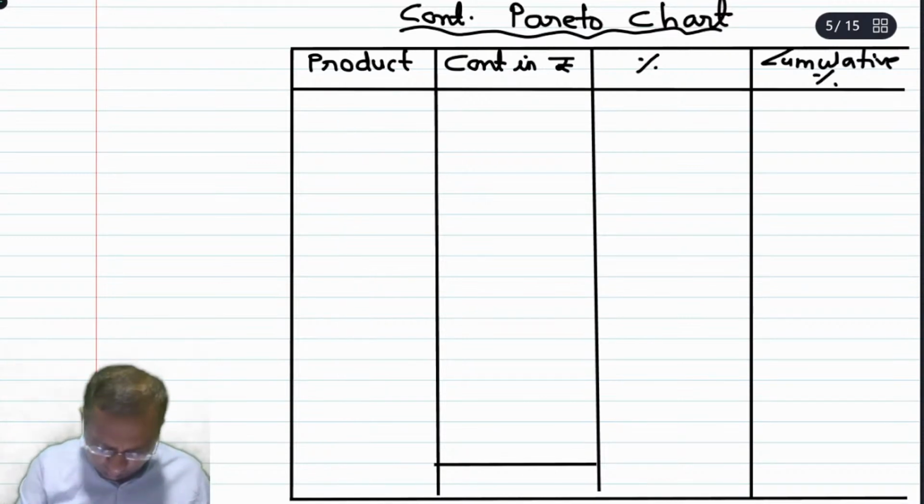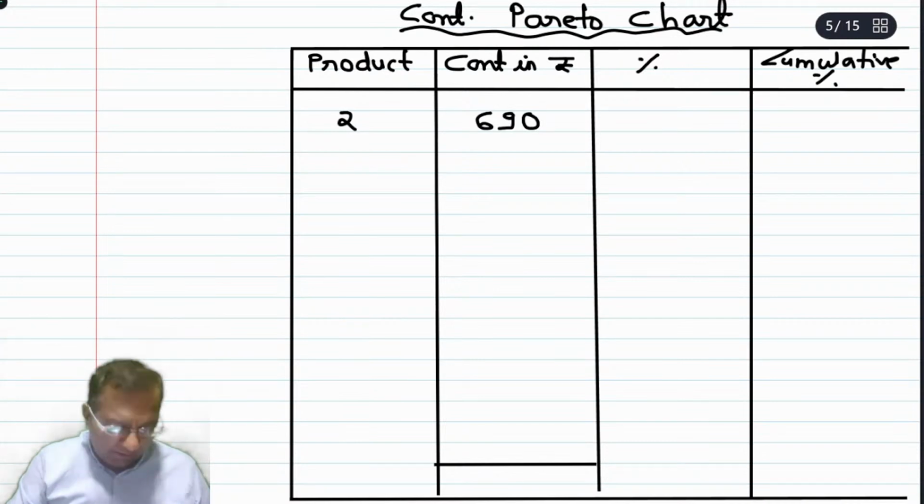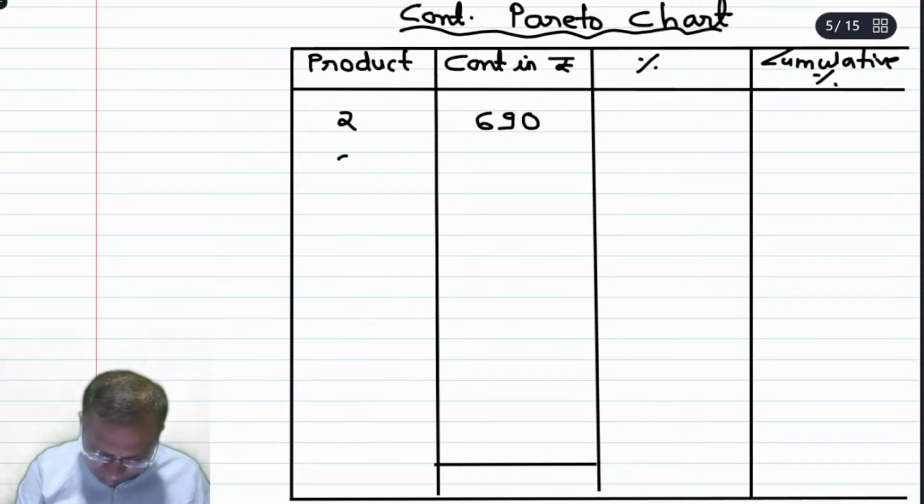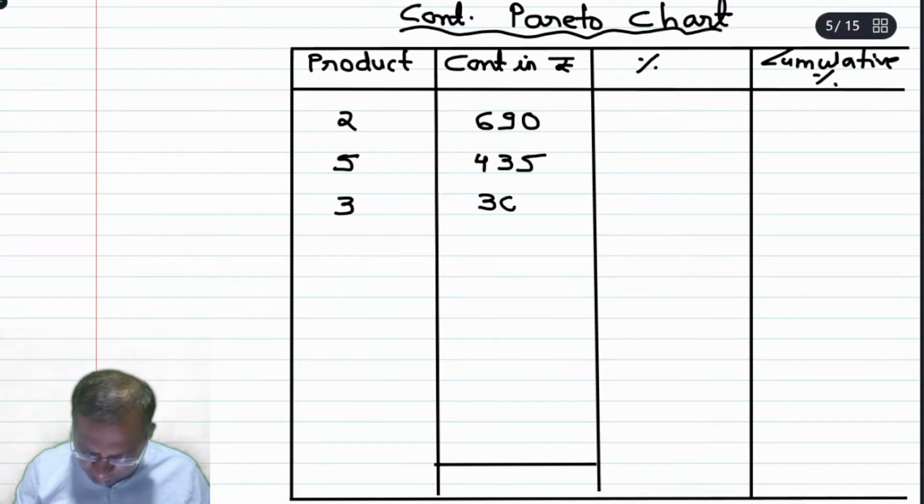So first of all, product 2 is giving us the highest contribution. And what is the amount of contribution? It's 690. Clear? Then product number 5 is giving us the next highest contribution, and the contribution is 435. Clear? Next, it's product number 3 with a contribution of 300. Then product number 4, 255.